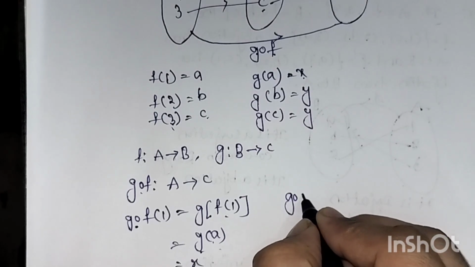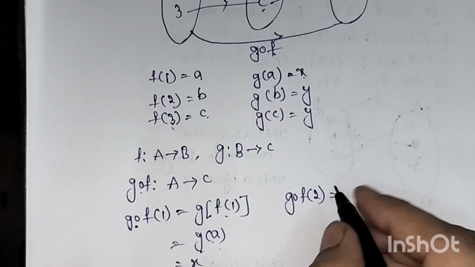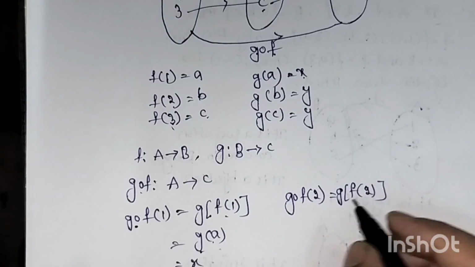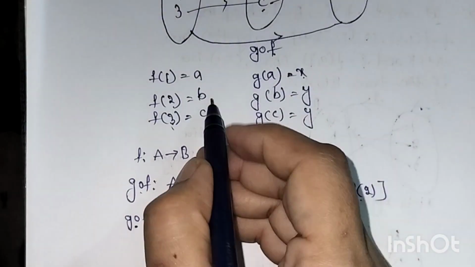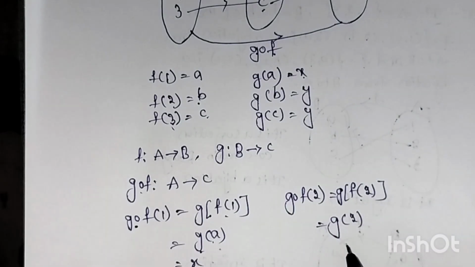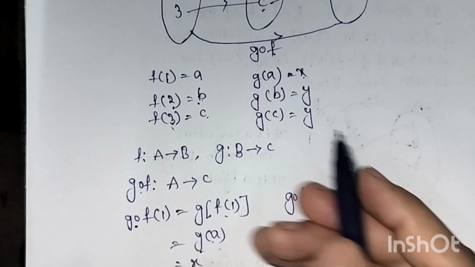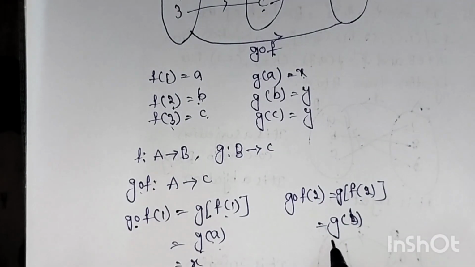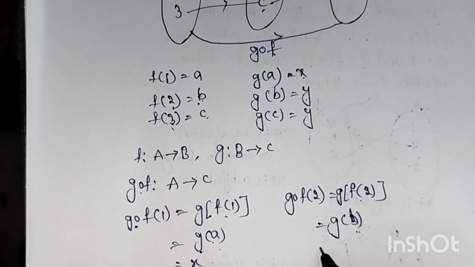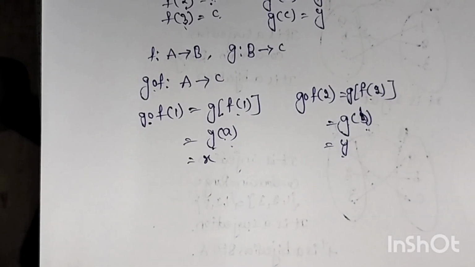G circle f of 2 equals g of f of 2. F of 2 equals b. G of b equals y.